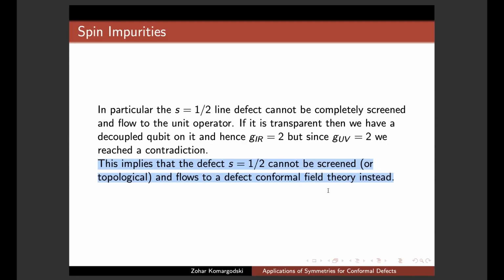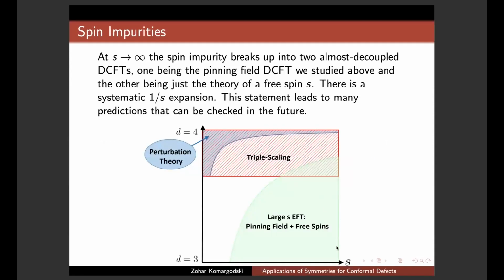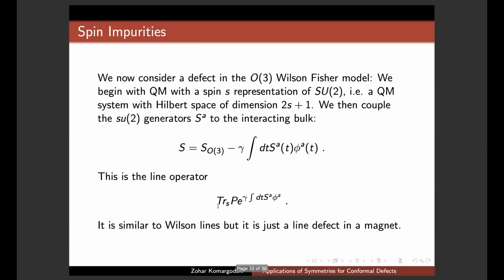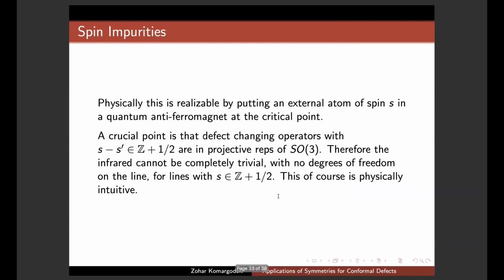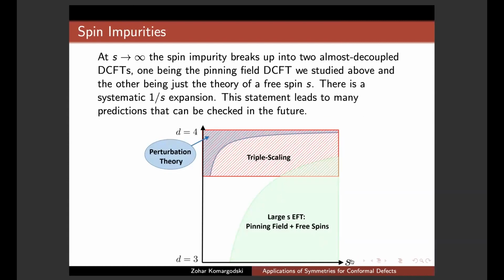And some things can be understood about this conformal defect. Theoretically, you can do an expansion in 1/S. You can do an expansion around 4 dimensions. We don't have access to computing observables exactly for S equals a half. This line operator is pretty complicated, but you can get good approximations.